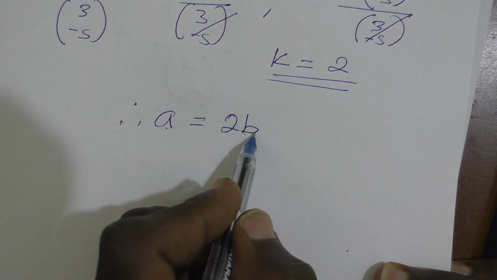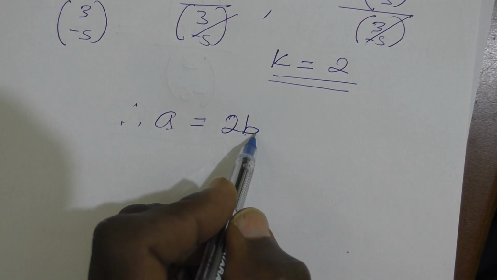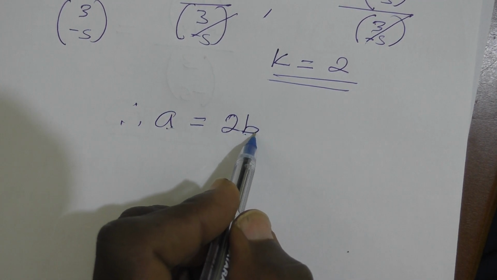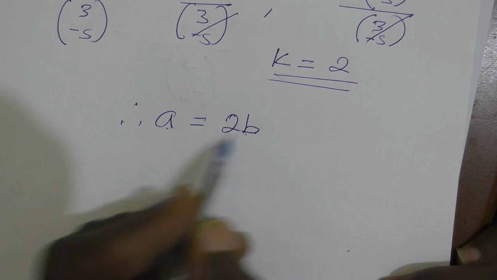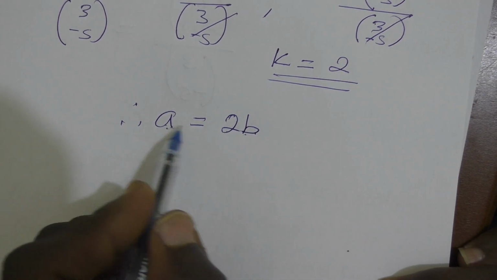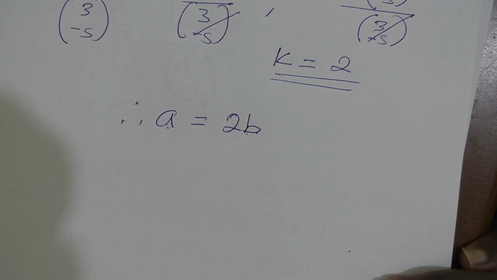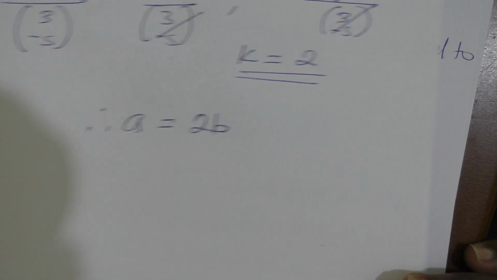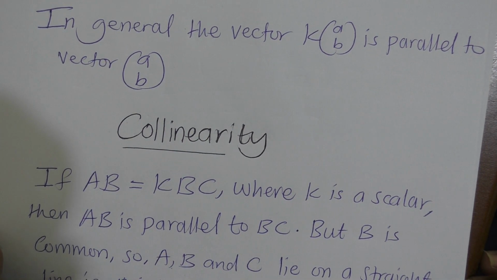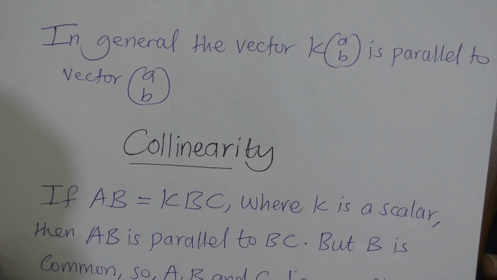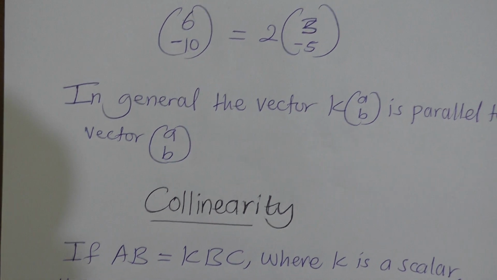So that is how we shall prove or show that the two vectors are parallel. For them to be parallel, one should be a multiple of the other. That is how we show that vectors are parallel. Then let us also look at the collinearity of vectors. But before we look at that, we have a statement which is very important here.